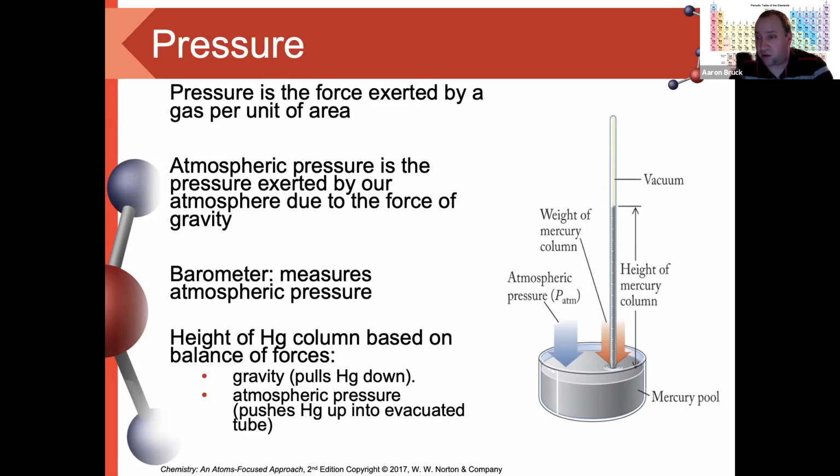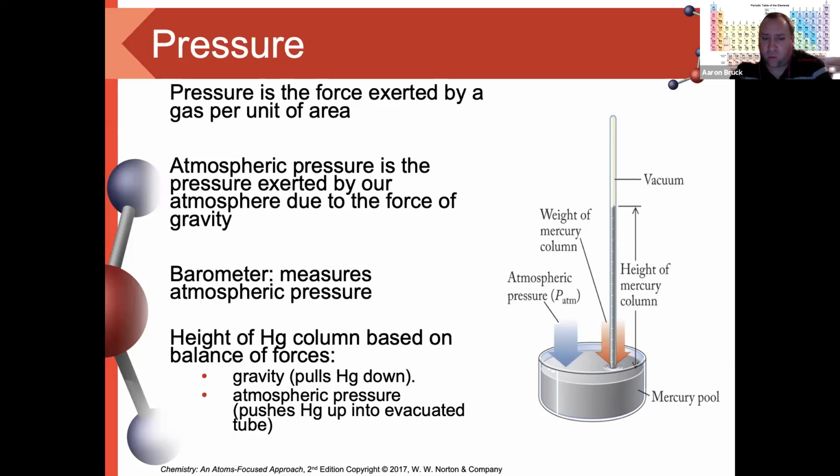Most barometers that you would buy commercially now use electronic sensors to detect pressure from the atmosphere, as opposed to actually exposing you to mercury. But there are some mercury barometers still out there. In fact, our lab at Vincennes University has one that we do use to measure atmospheric conditions from time to time.